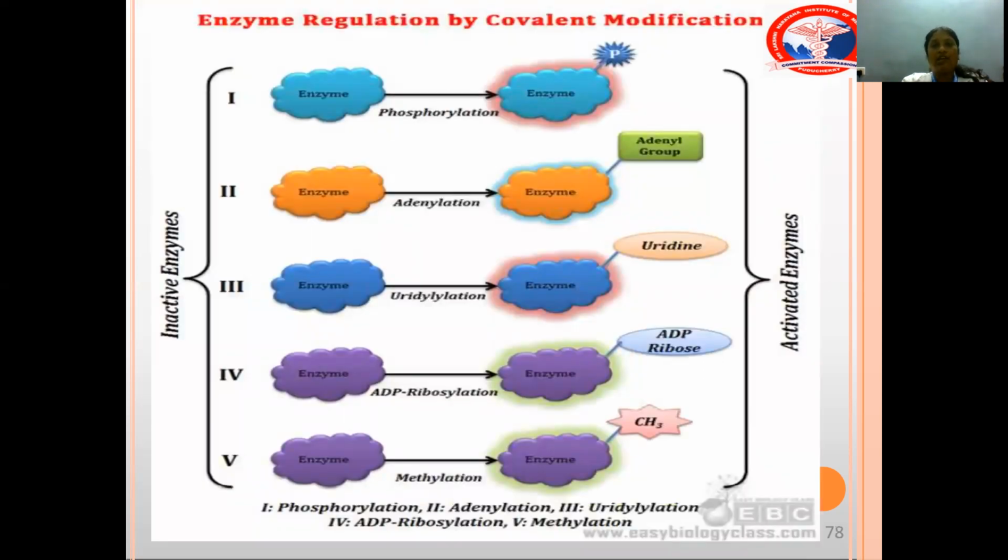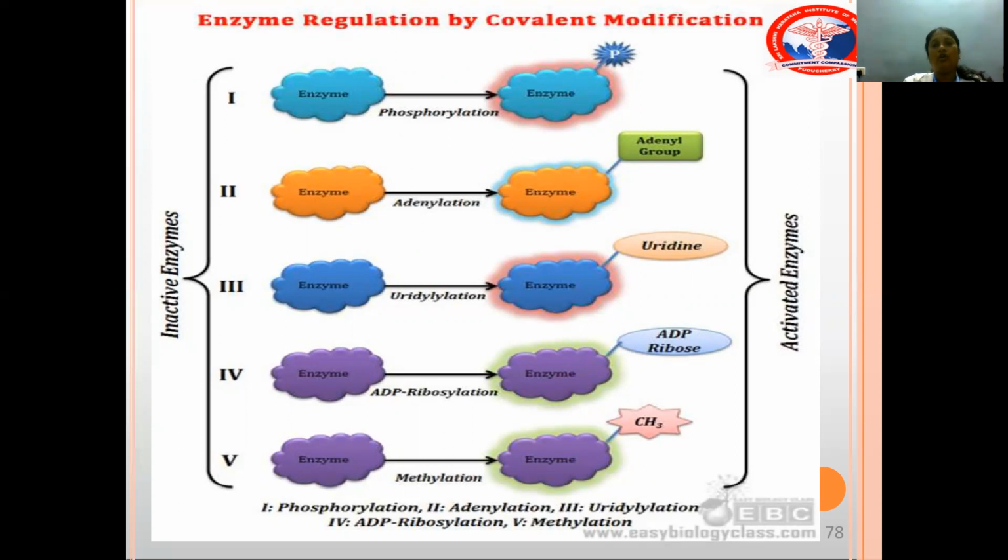Now, enzyme regulation by covalent modification. We have many modes of covalent modification. Here you can see some of the examples. One is phosphorylation, that is, the enzyme will be phosphorylated. Some enzymes will undergo adenylation, that is, an adenyl group will be added to an enzyme.